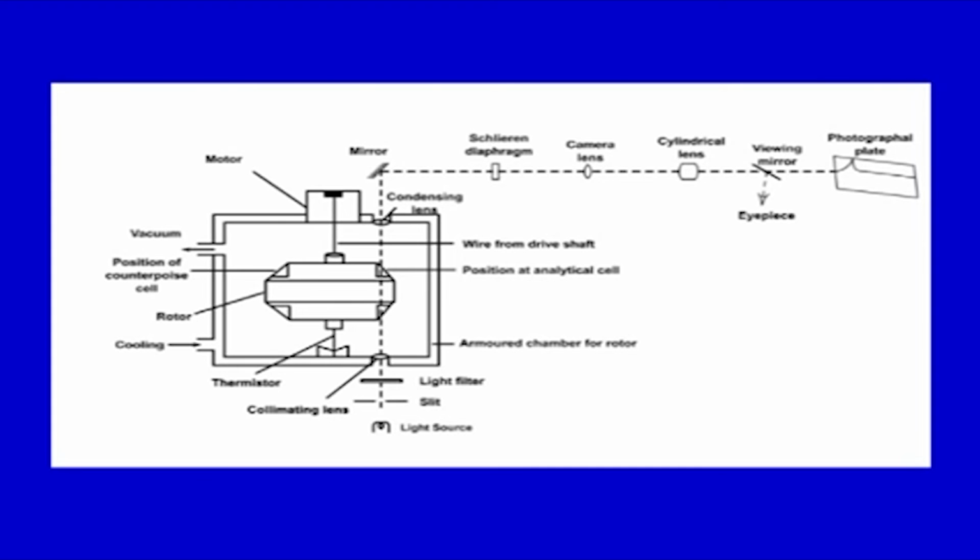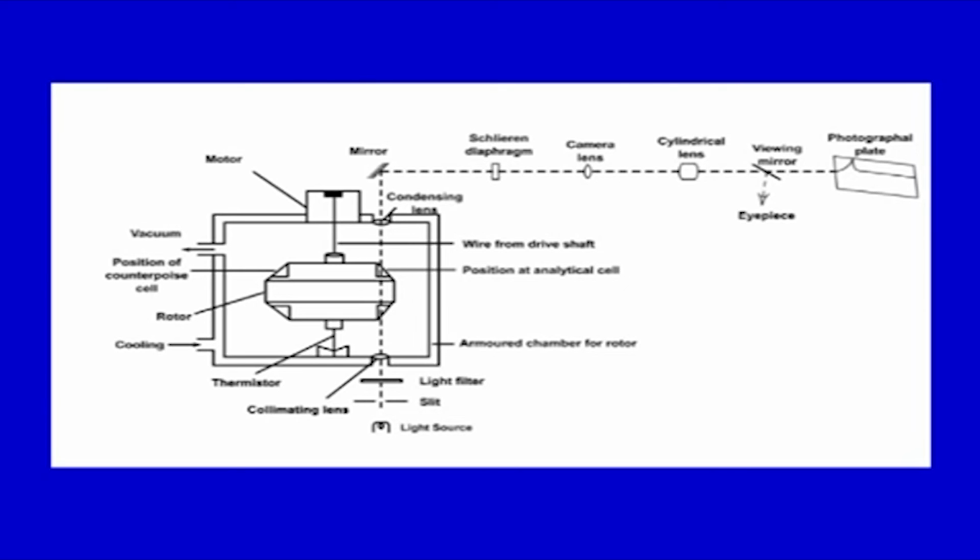If you can see here, this is a slit here, there is a collimating lens I was talking about. This is a solid rotor which contains a counterpoise cell and analytical cell, and this is placed in here with the collimating lens.